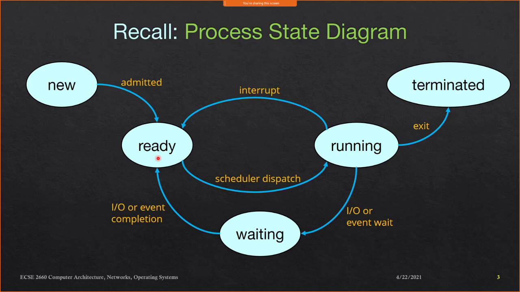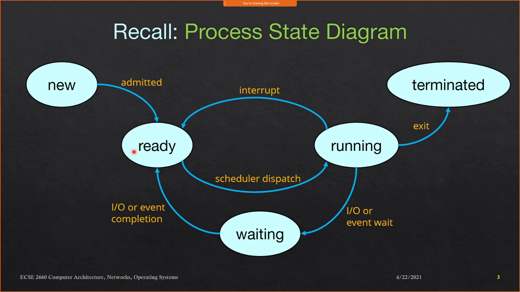Three things can happen from here. One is that the process may get kicked out from the running state back to the ready state, meaning it is again waiting for a processor. Or there might be some input request, or some wait for an event to occur.